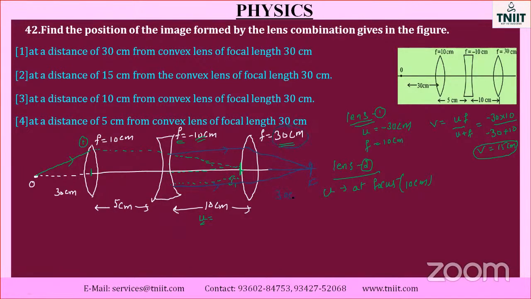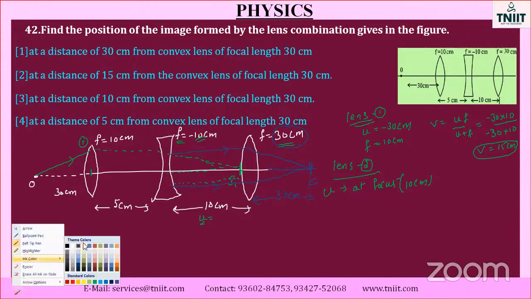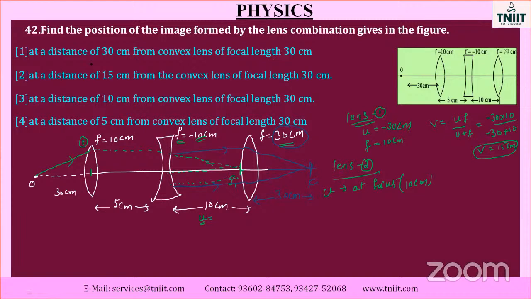So the final image is going to be formed at 30 centimeter from the convex lens of focal length 30 centimeter.